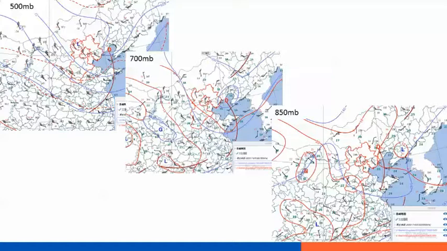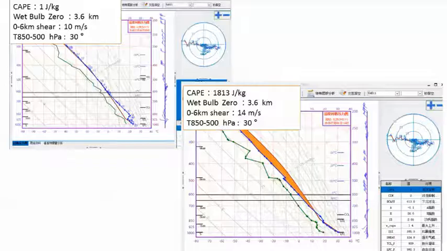So we see there is a high temperature lapse rate between 500 millibar and 700 millibar, and also between 500 millibar and 850 millibar. On the left is the sounding of Beijing at 8 o'clock CST. On the right is the sounding of Beijing at 14 o'clock CST. Looking at the sounding at 14 o'clock CST, it indicates CAPE of 1,813 joules per kilogram.